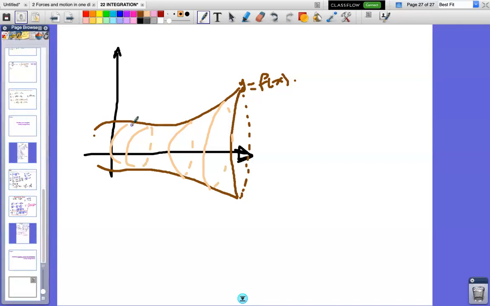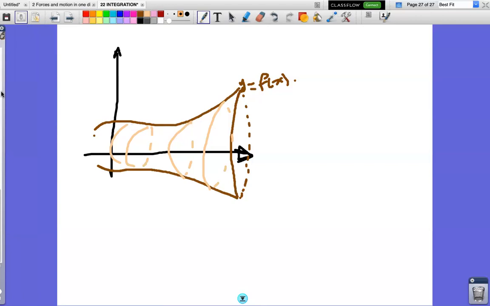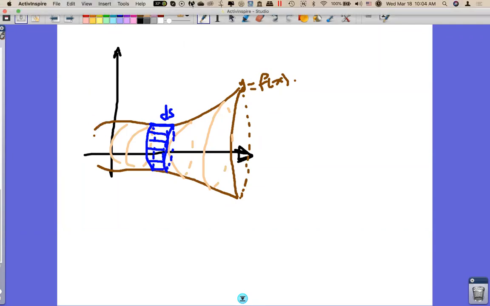Drawing from the work we had last time, if this length here is ds, and then we revolve it about the x-axis, we need to find this small area here. What will be this small area?